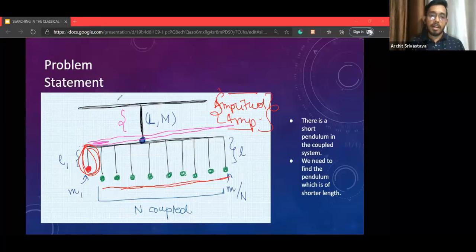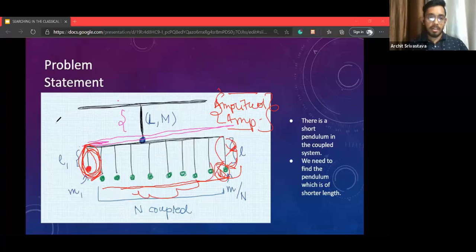Why is it more significant here? Because if we want to classically find which pendulum this is, we search it, we go once over here and say, oh no, it is not the pendulum, then we go again and say, oh no, this is not the pendulum, and so on, until we finally reach it.